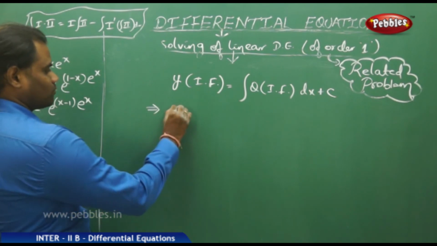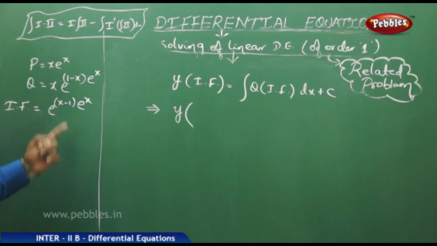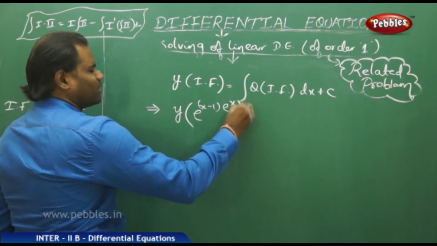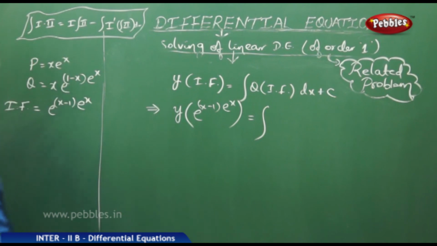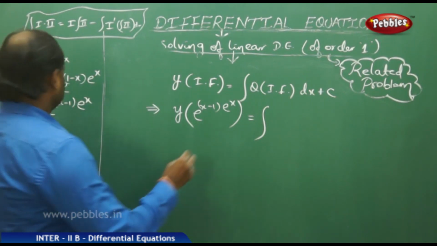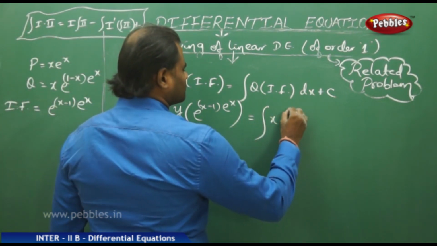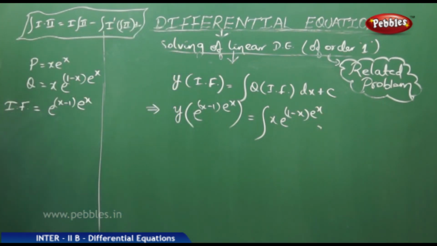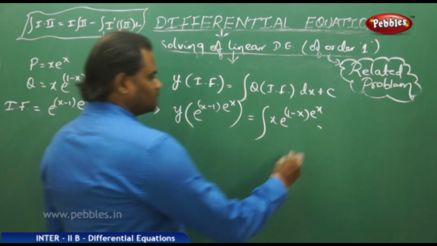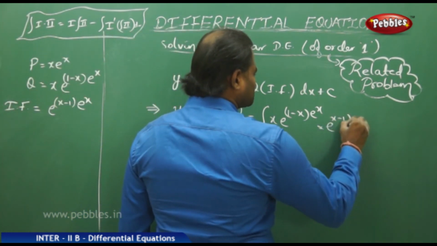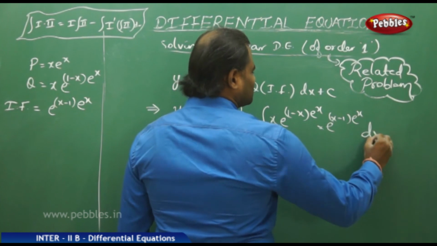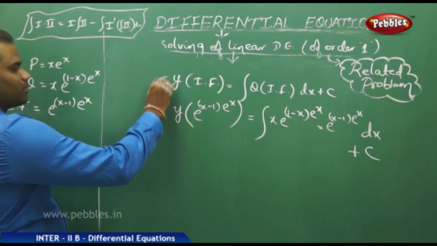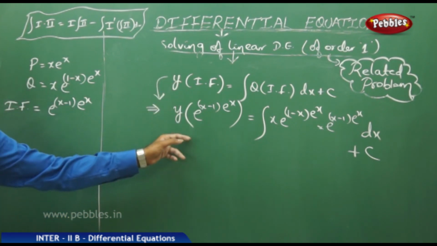Now y times the integrating factor, which is e power x minus 1 of e power x, is integral q, that is x times e power 1 minus x, times the integrating factor, which is e power x minus 1 e power x dx plus c, is how the given problem reduces using this formula.